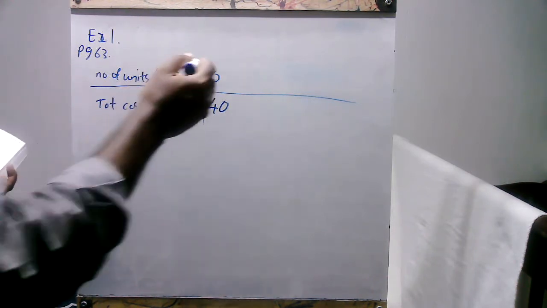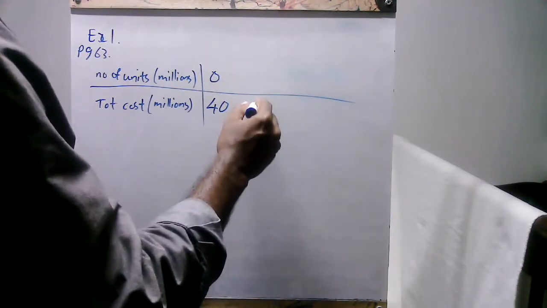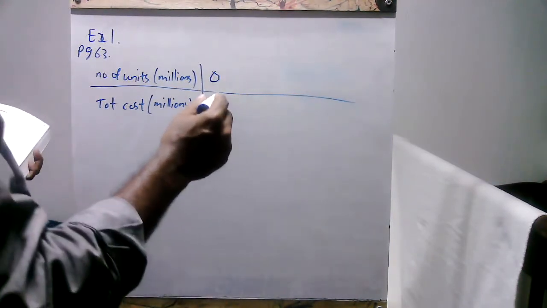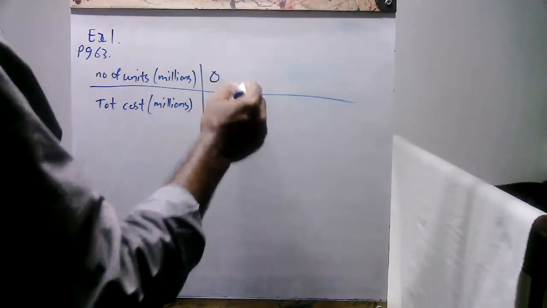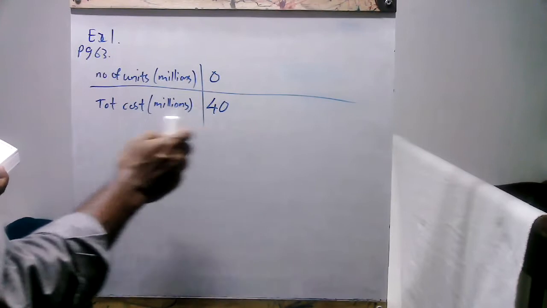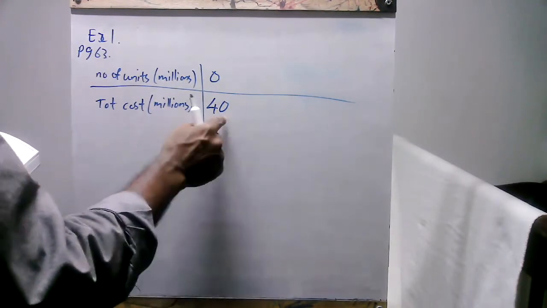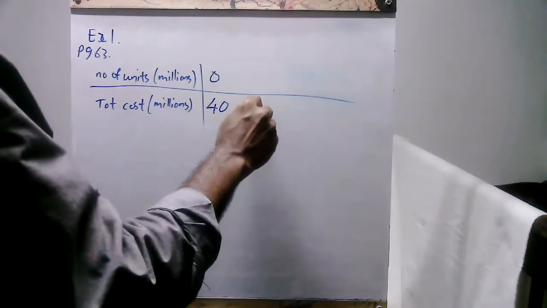That means, for each million unit it spent 2 million. When it spent 2 million here, this 40 will become 42.